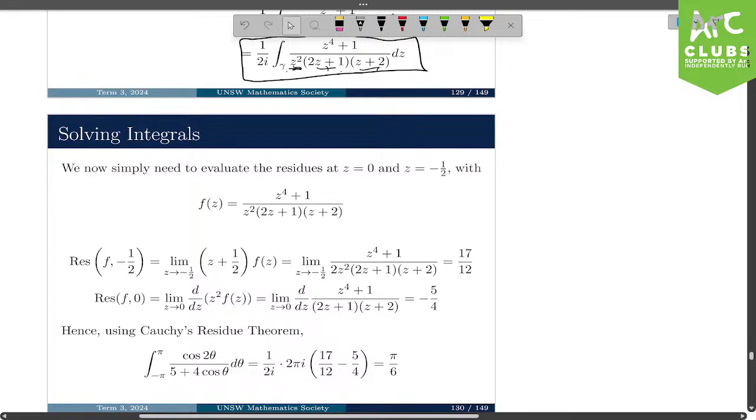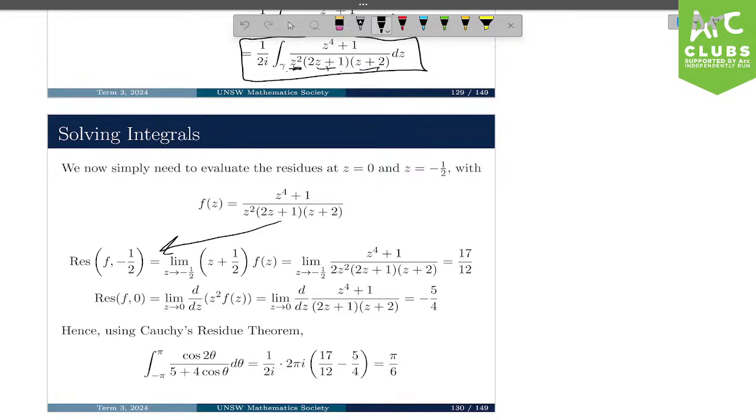So to calculate this, we go ahead, we say, okay, plug in minus a half, we work it through, we get minus 17 on 12. Once again, it was a simple pole, that's that. Next up, we go ahead, plug in z squared. Since this is degree 2, we need to take a derivative.